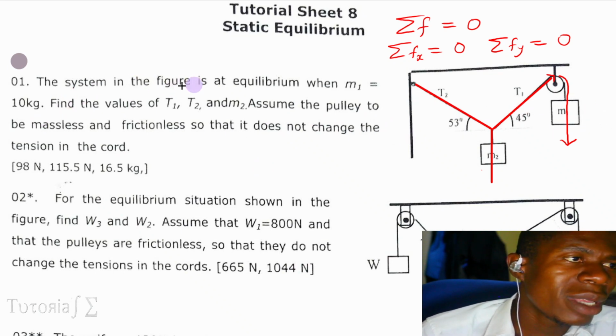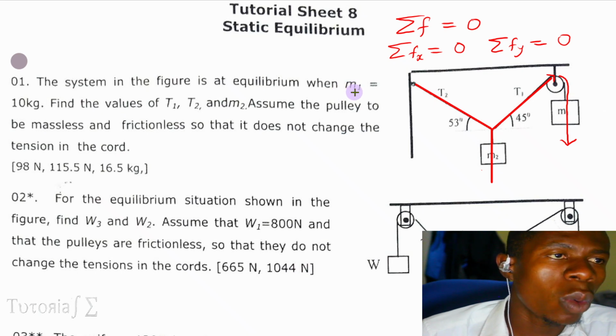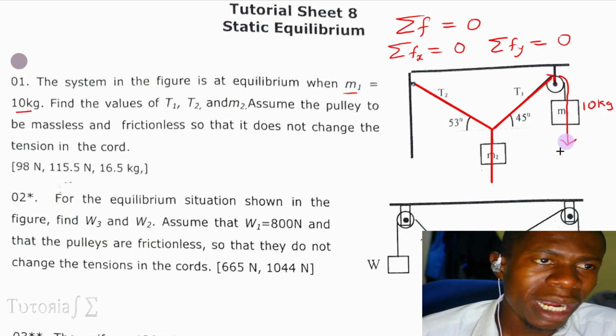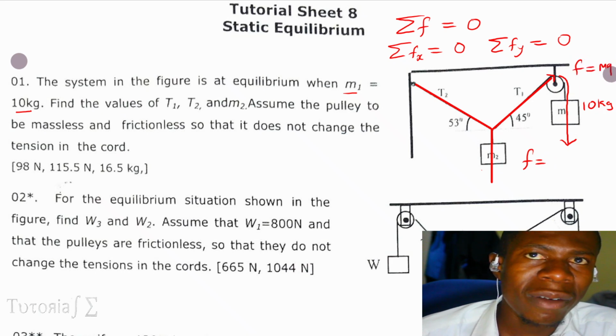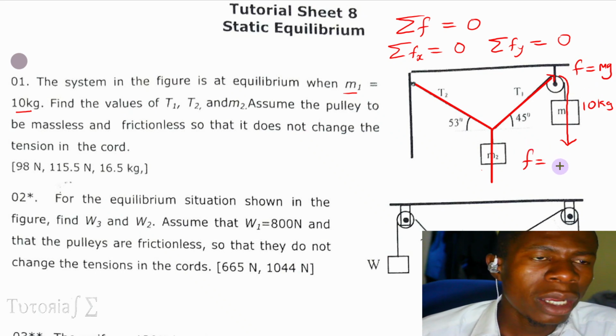The system in the figure is at equilibrium when M1 is 10 kg. If this is 10 kg, we can find the weight, which is just the force that will act downwards here. We know that force is mass times gravity, and gravity is 9.81 to be more precise.